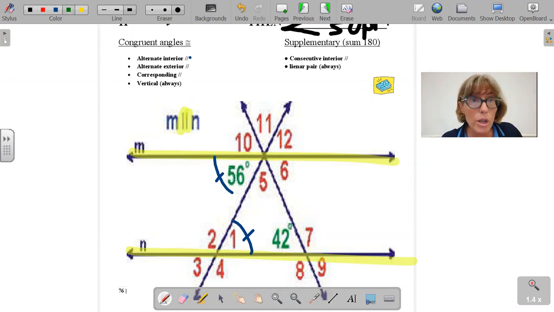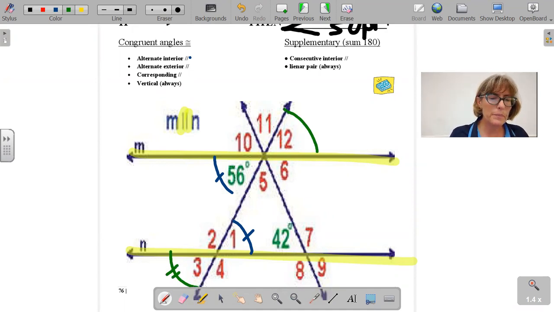Alternate exterior angles would be congruent. An example of alternate exterior would be these guys. Corresponding angles, one's in, one's out, same side. An example would be these guys.